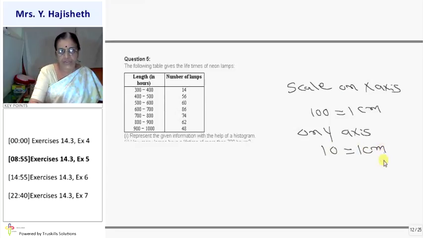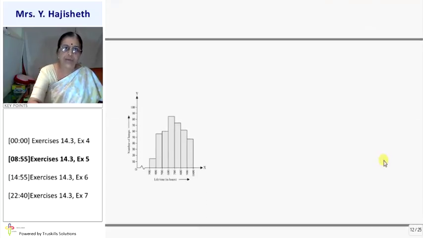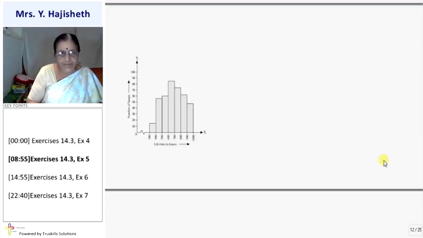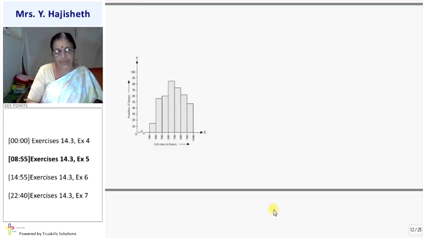Now let us draw the histogram. I will take class limits, or I can say lifetime, on the x-axis, and number of lamps on the y-axis.